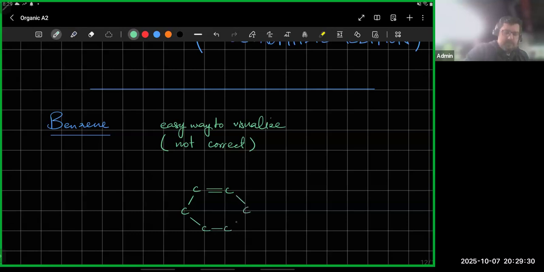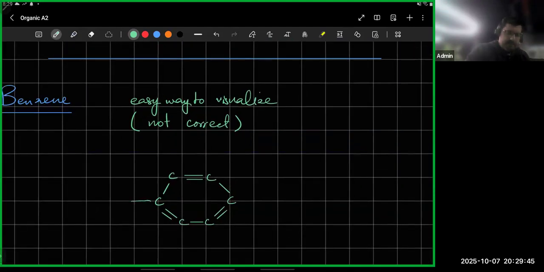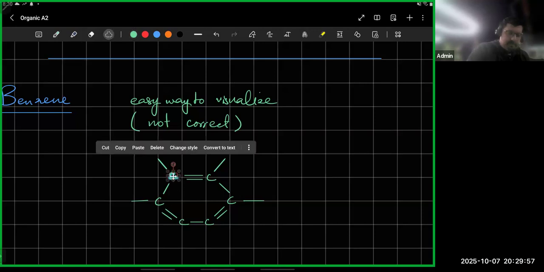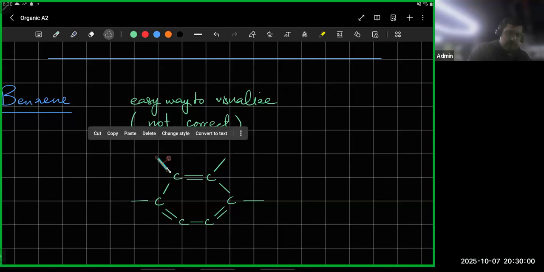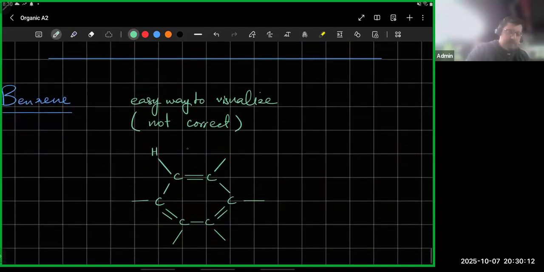And we're going to have H atoms, right? So these are your H atoms.